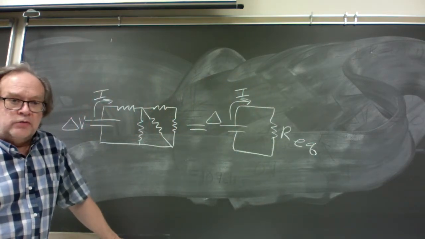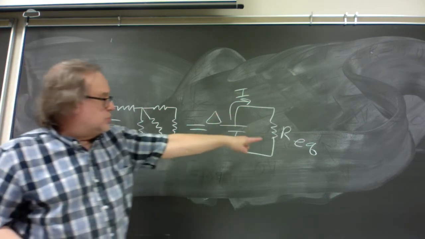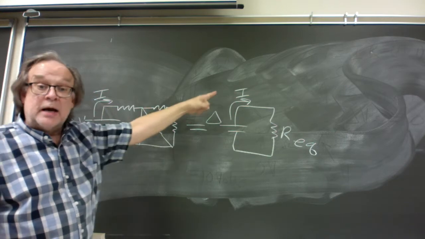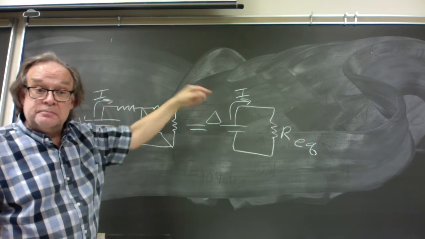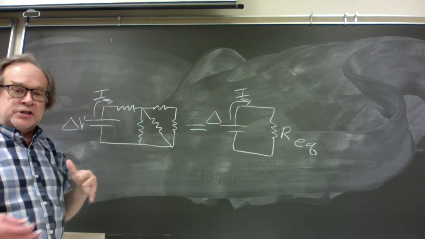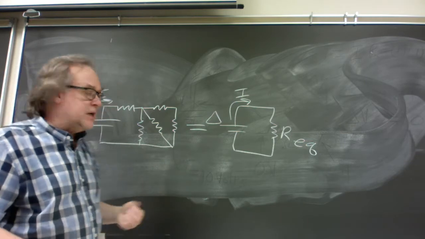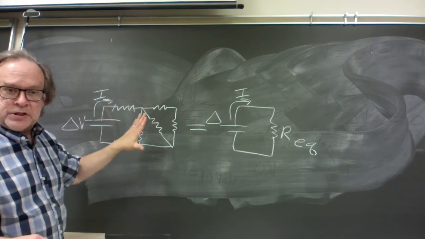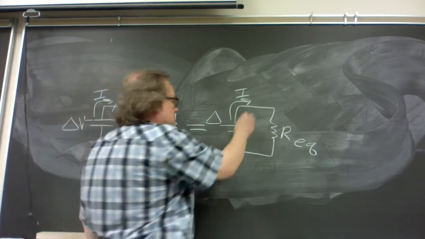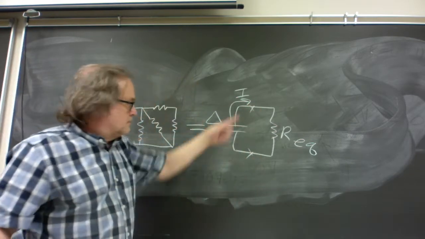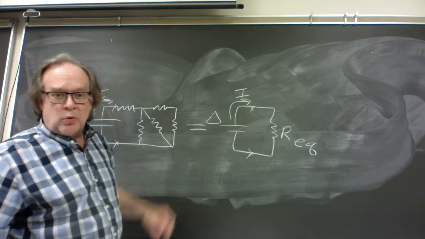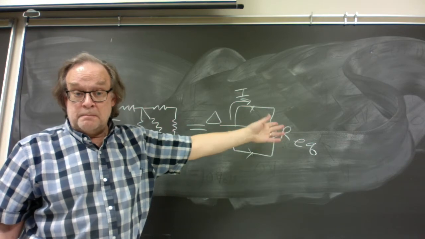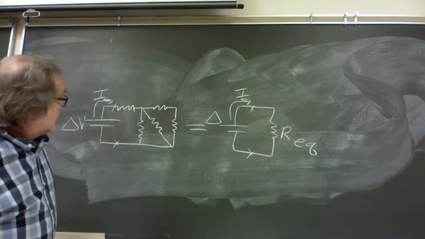We call it the equivalent resistance because substituting that one for all these does not change the current. The current has just as easy or just as difficult a time getting from here to here when all these resistors are in place as it does getting from there to there, the same points, when just the one equivalent resistor is there.